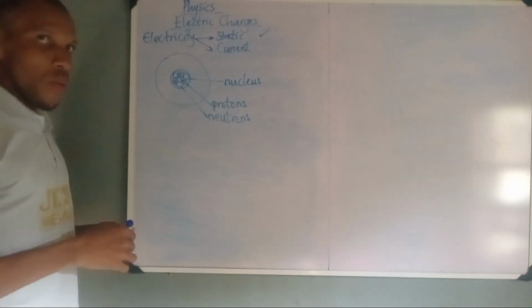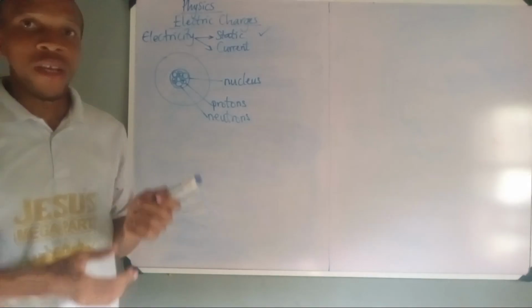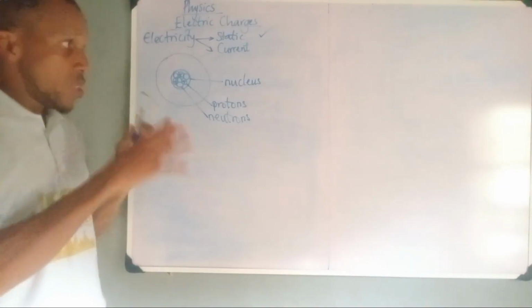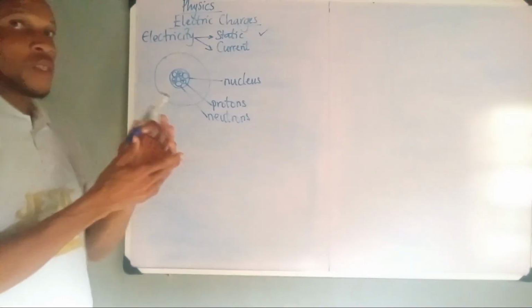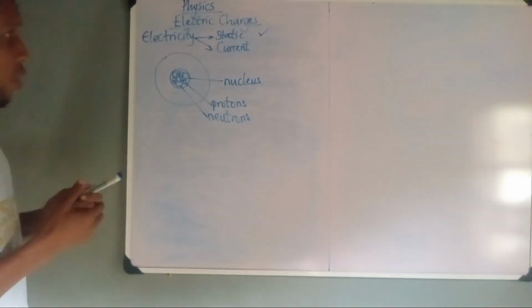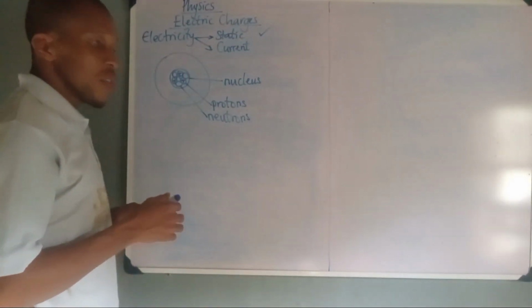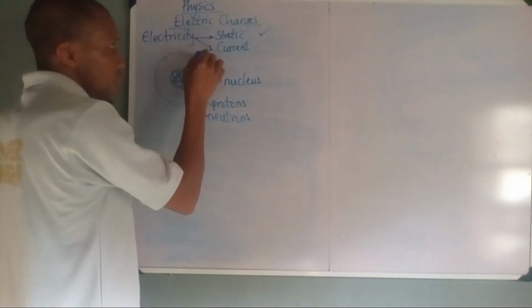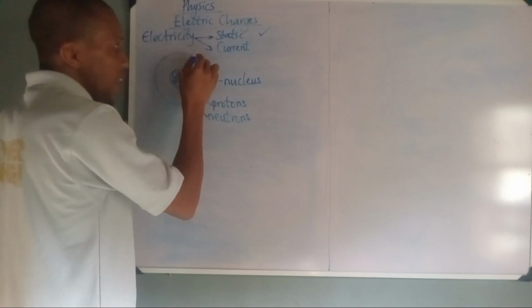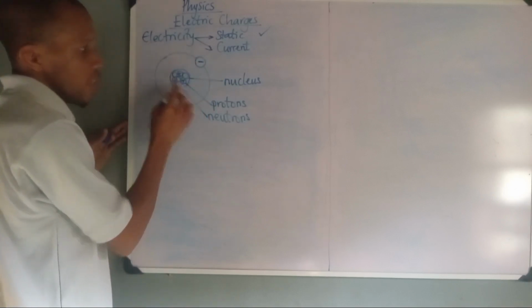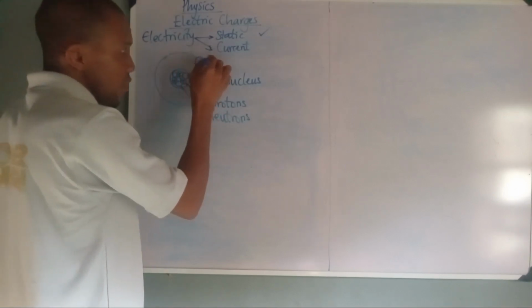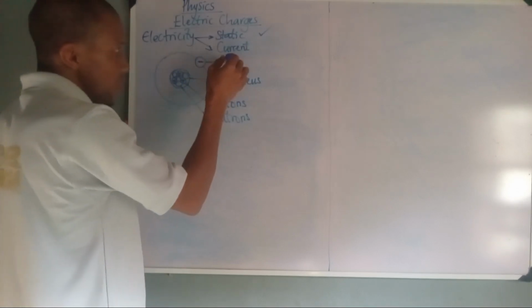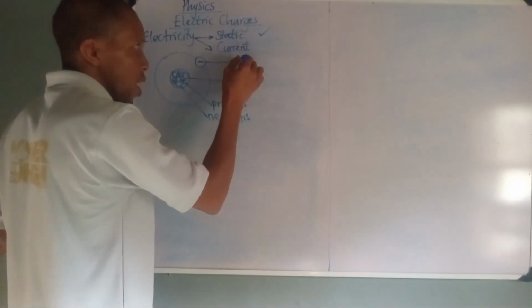But we know that atoms are neutral generally, okay? When it comes to charges, they're electrically neutral. Now, if they're electrically neutral, definitely they would have what? Negative charges to balance these positively charged protons. And those negative charged particles are referred to as what?